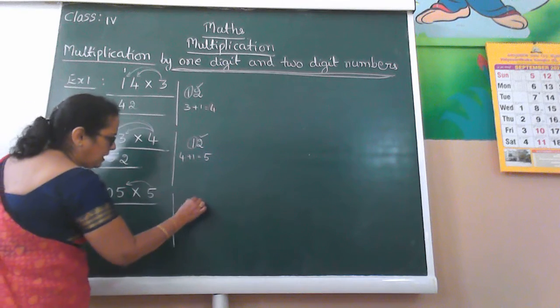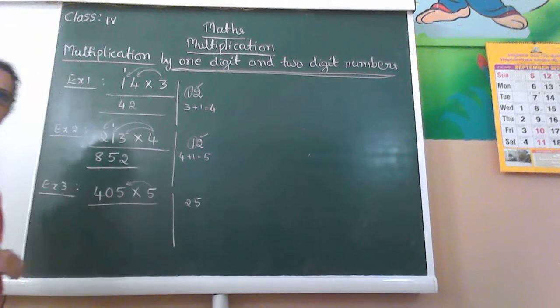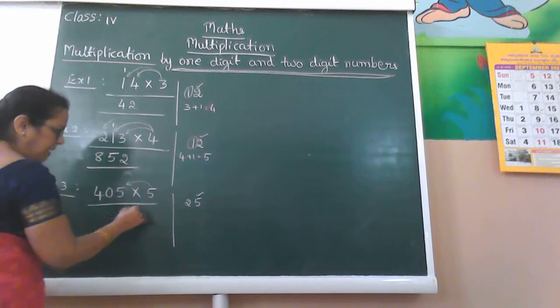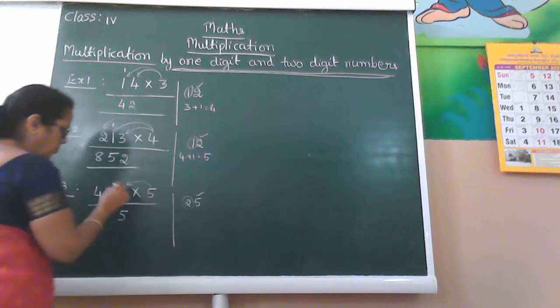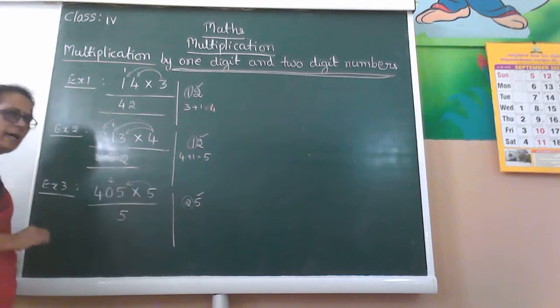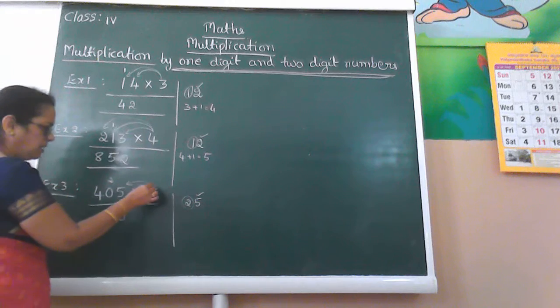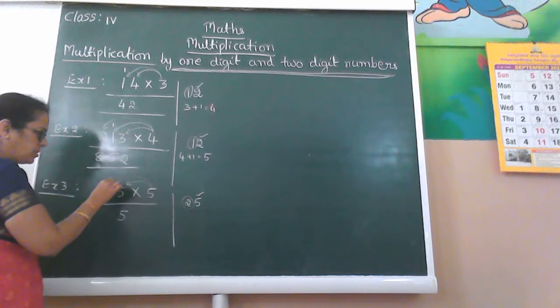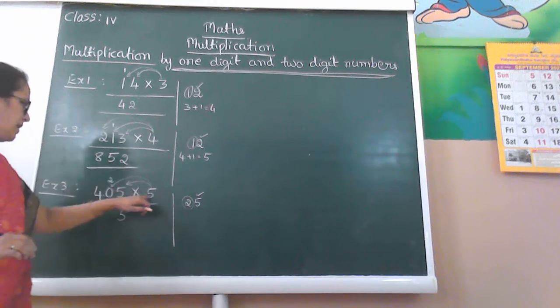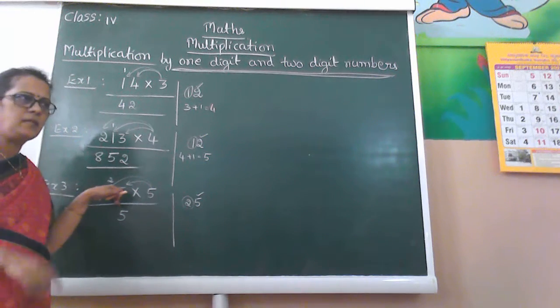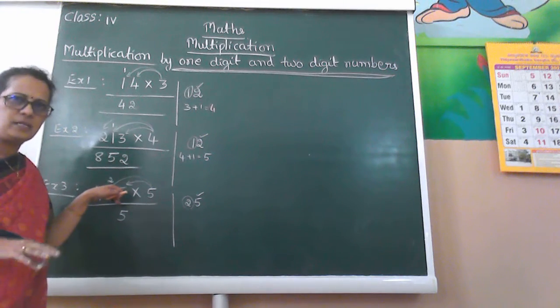It is 25. 5 fives are 25. So write 5 here and give this 2 as carry above 0. Okay, next number, again 5 into 0. So 5 into 0 is how much? Any number multiplied by 0 is 0 itself, isn't it?